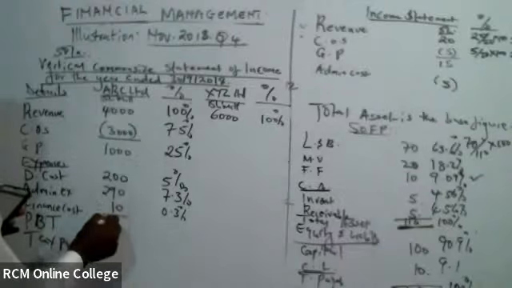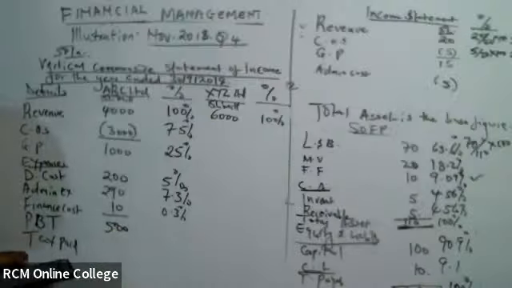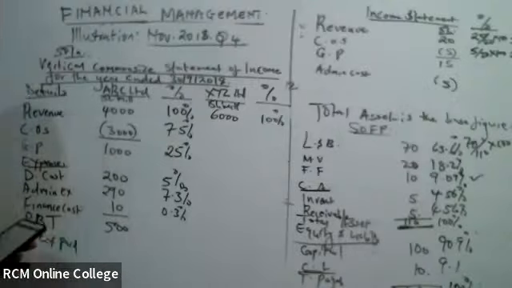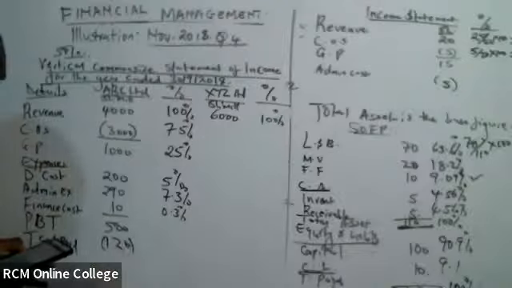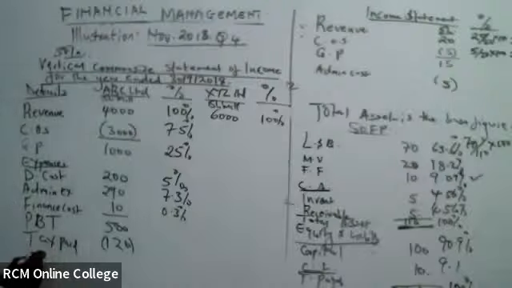If this is 500, what is the percentage of our profit before tax? Tax paid, we want to see with 380 and 120. Then we get profit after tax.